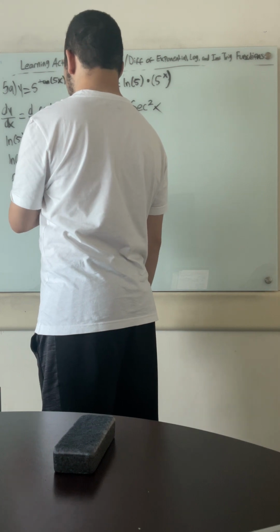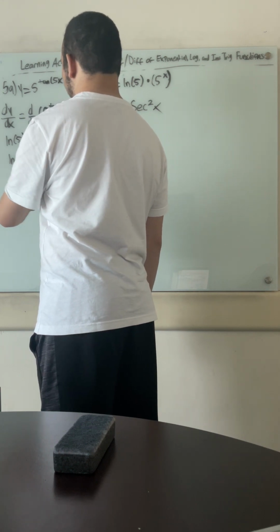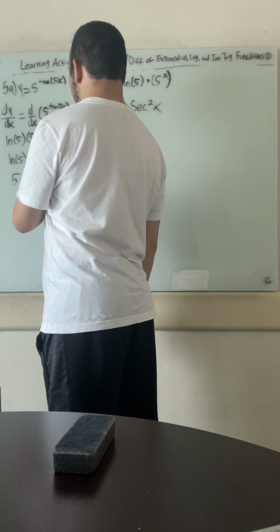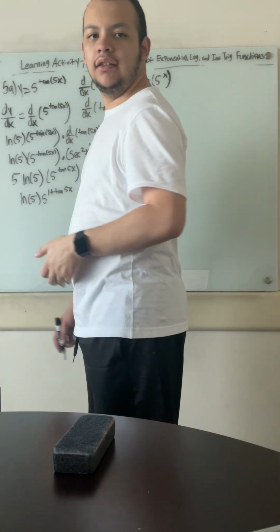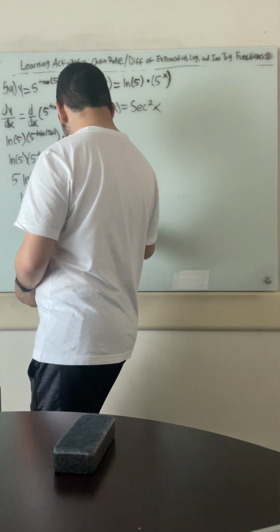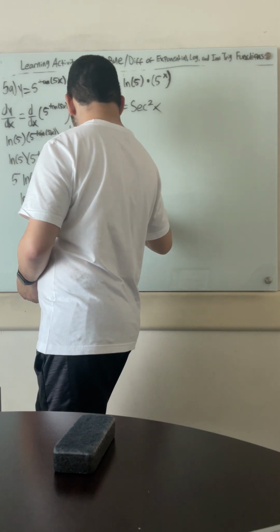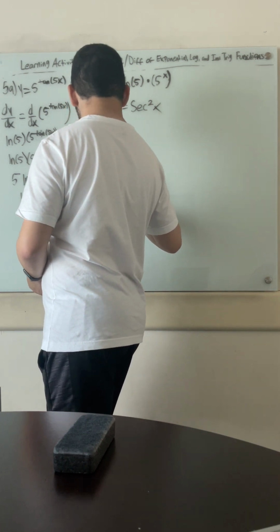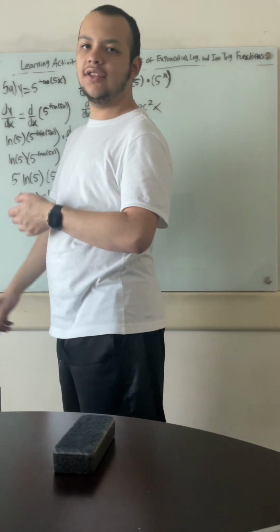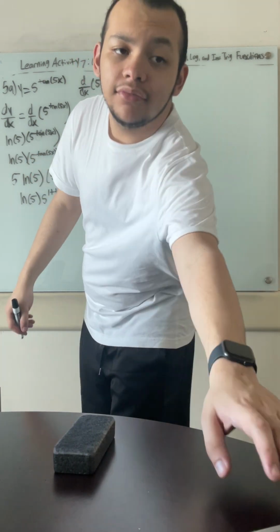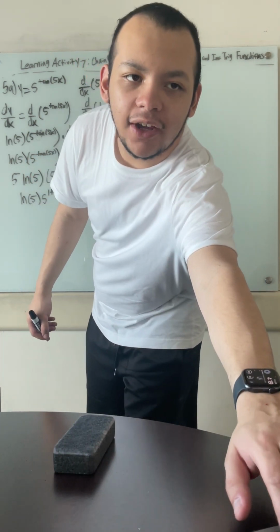So we would only have ln of 5 times 5 to the power of 1 plus tangent of 5x times secant squared of 5x. And that was 5a.